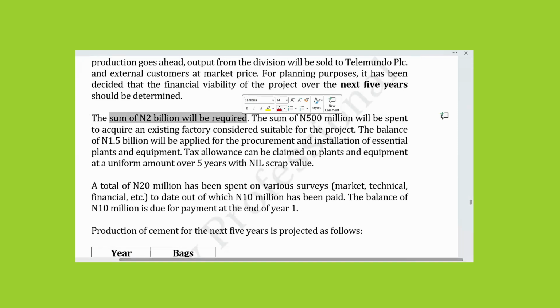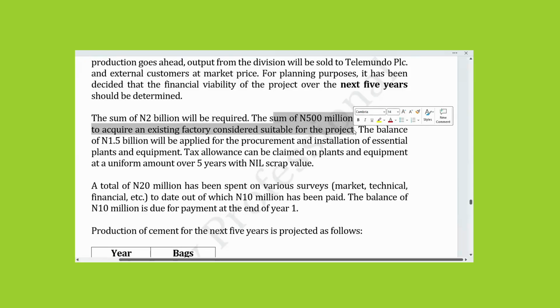Out of the 2 billion, 500 million naira will be spent to acquire an existing factory considered suitable for the project. You cannot claim capital allowance on second-hand assets, because it is believed that the original owner of this factory has claimed it, and you cannot transfer capital allowance. Therefore, the 500 million for the existing factory does not qualify for capital allowance.